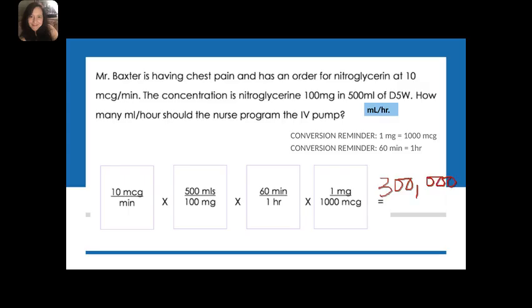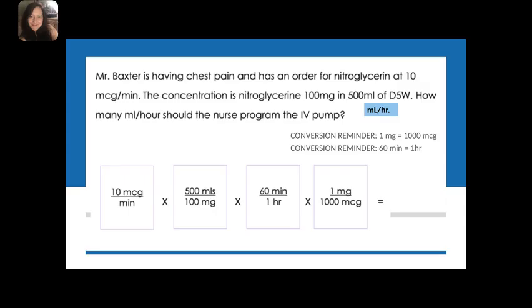And then we're going to divide it by 100 times 1,000. And so if you add those zeros, I get 100,000. So if I divide it by 100,000, that should give me 3.